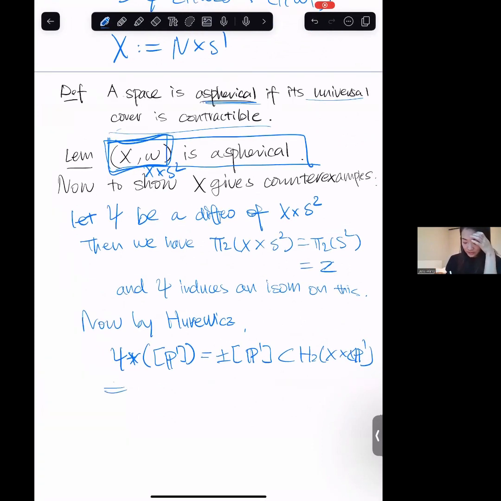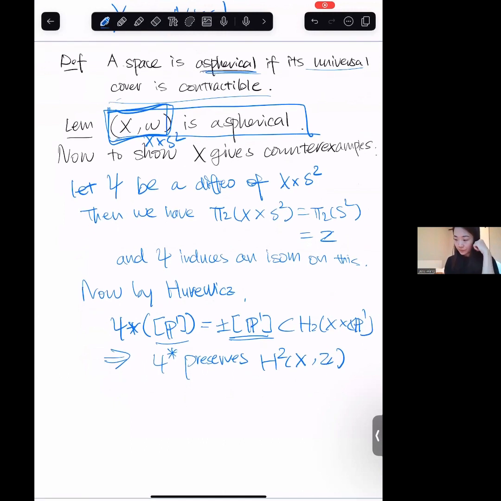So now that we know that on the homology level it sends one to plus or minus the other, we know that psi pullback actually preserves the annihilator of this, which means it preserves H2 of X. And then we can use almost the same argument.